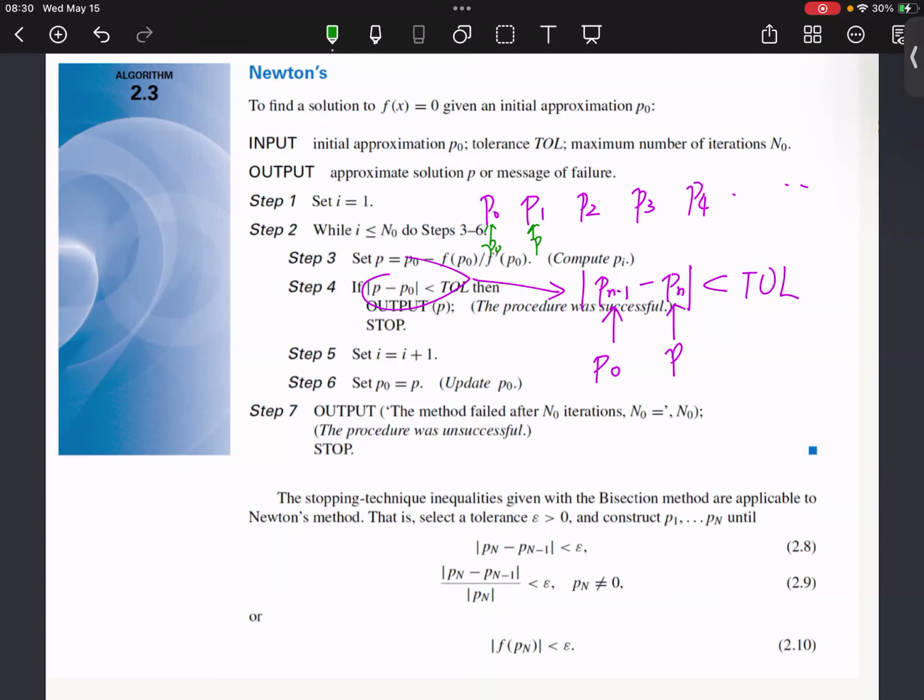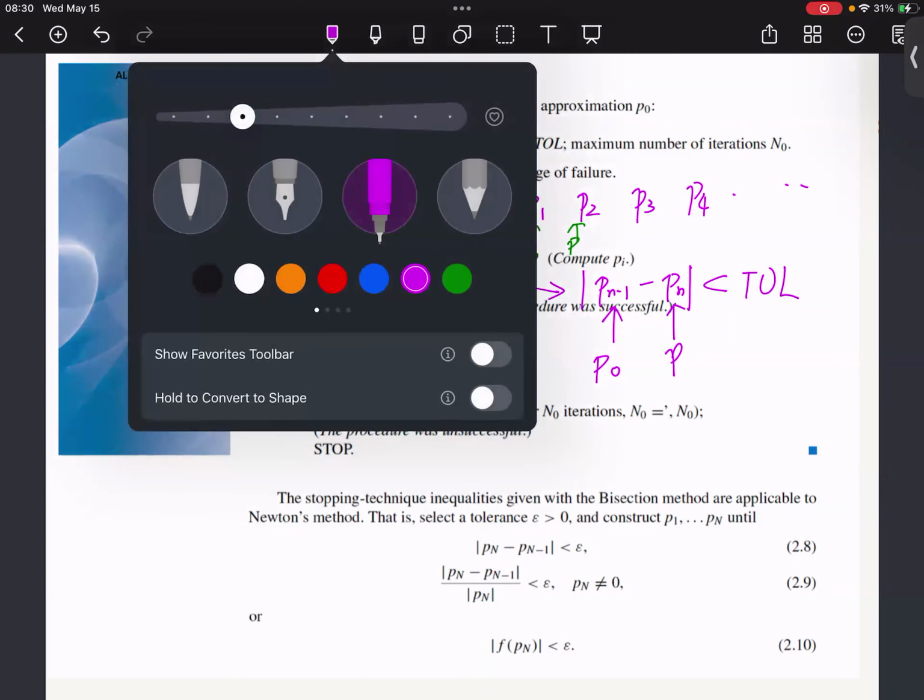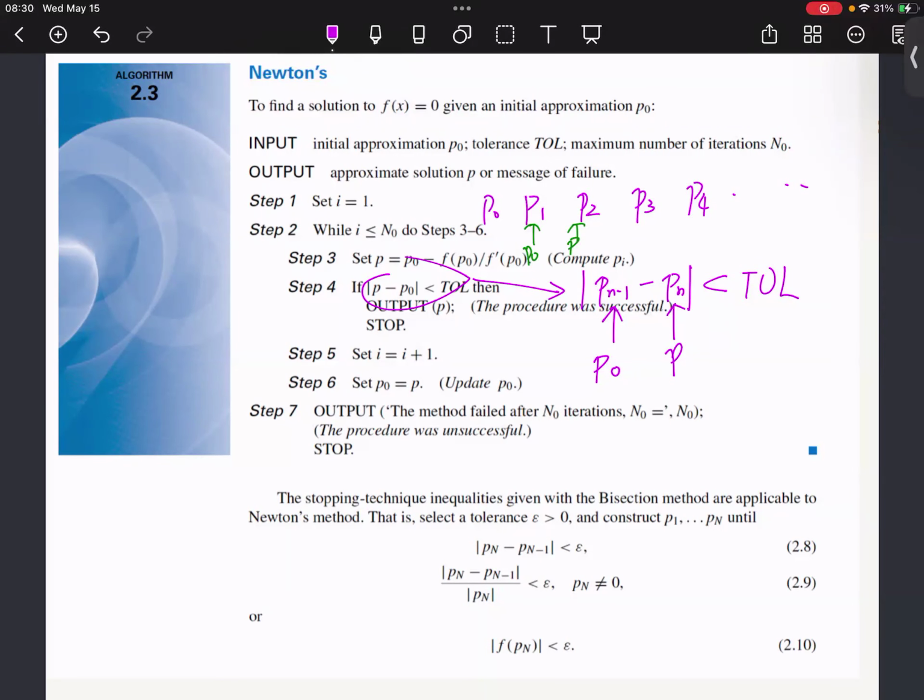Then for the next iteration, your P0 changes to this one, and this is the second iteration's P. This is how it works. You don't need n storage places to store n numbers. You just need 2 places to help you finish this iteration and get the satisfied result to approximate the solution P.